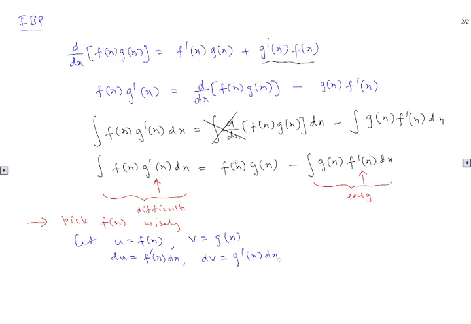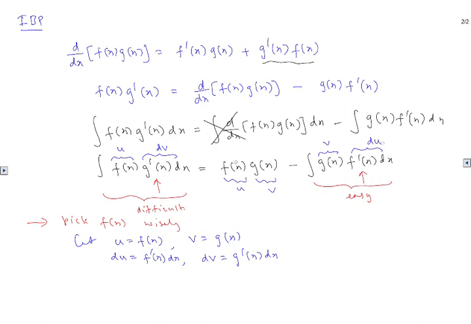Now we can substitute. If you look at the formula, this part simply becomes u, this part becomes dv, and this is u, this is v, and this is v, and f'(x) dx is du.